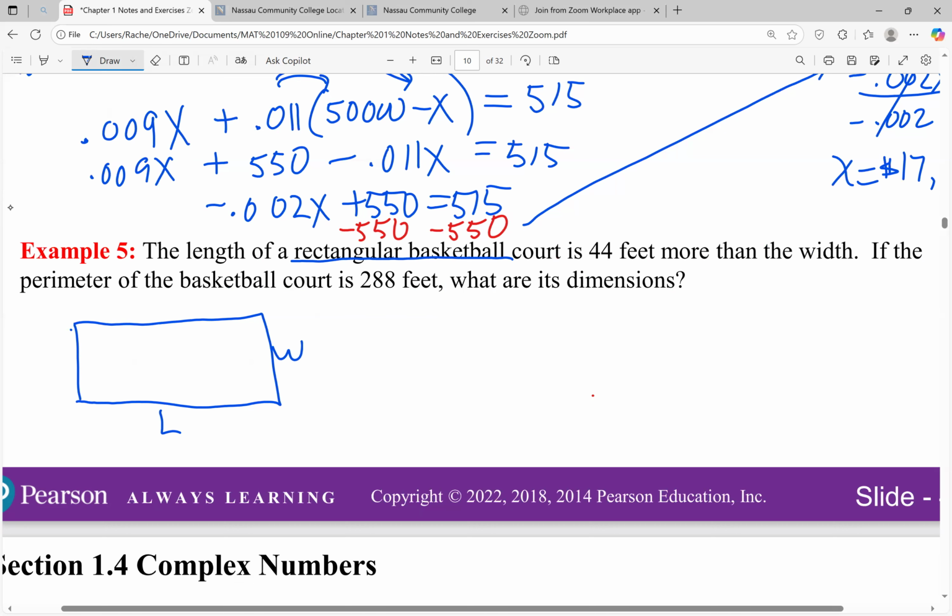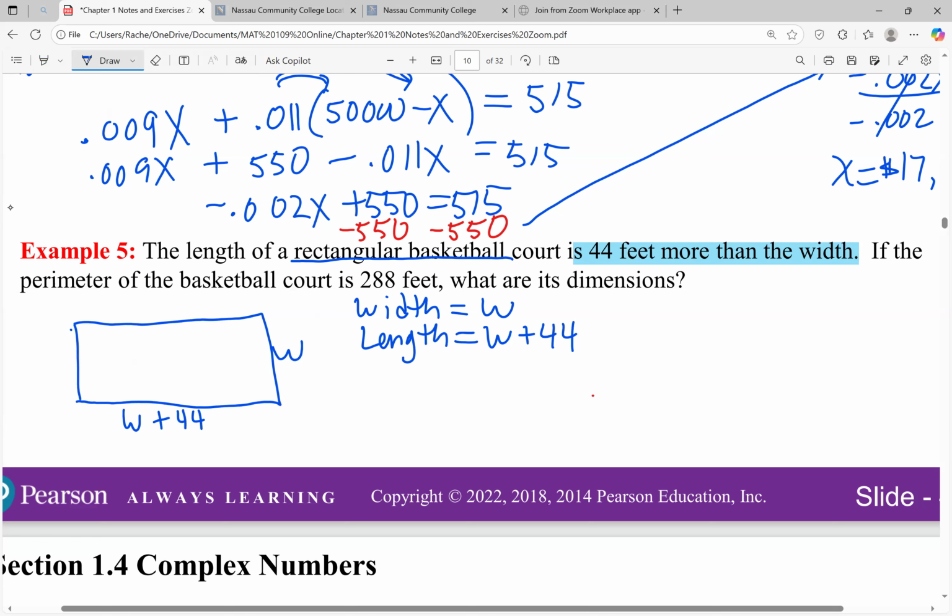So let's just leave the width as W. And then the length is going to be equal to whatever the width is plus 44, right? Because it's 44 more feet than the width. So it's the width plus 44 feet. And this also tells me, so the length, we're going to write that in terms of the width as W plus 44.